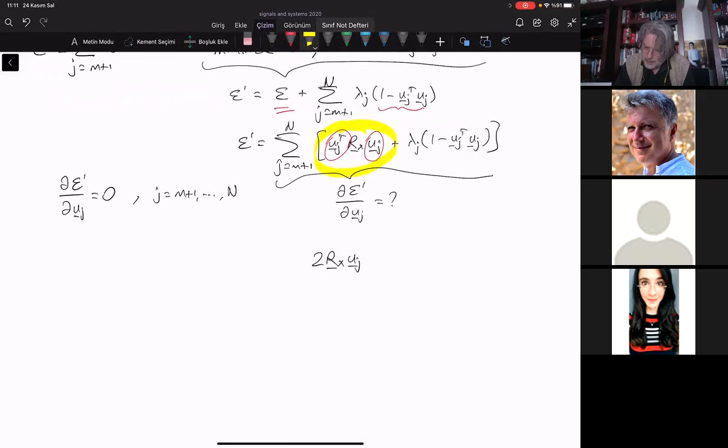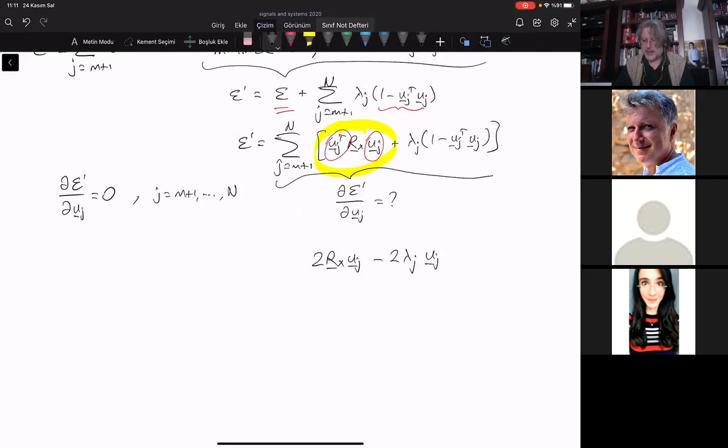How about the other one? I have lambda j times 1 minus uj square again. So what's the derivative of it? It is again 2uj with a negative sign, multiplied by lambda. It's not a plus because of the negative sign. It's a minus 2 lambda j uj.